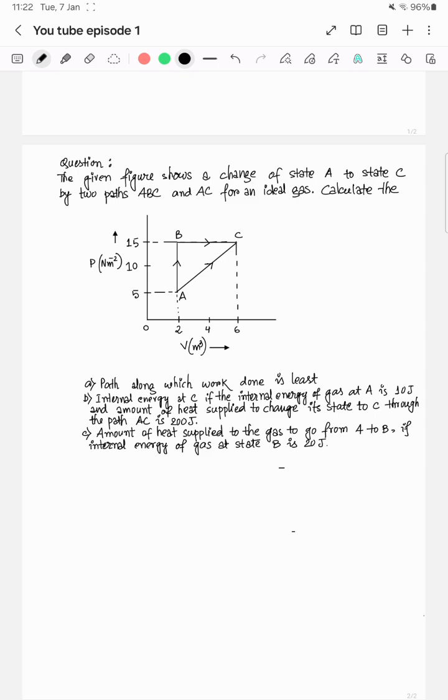Second, the internal energy at C, if the internal energy of gas at A is 10 joule and the amount of heat supplied to change its state to C through the path AC is 200 joule. Third, the amount of heat supplied to the gas to go from A to B if the internal energy of gas at state B is 20 joule.